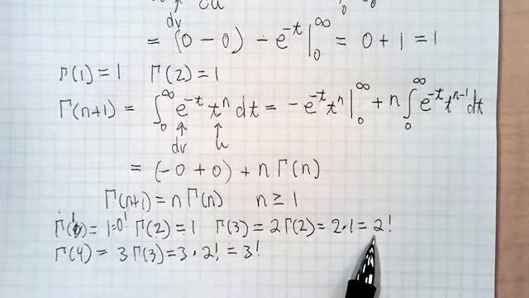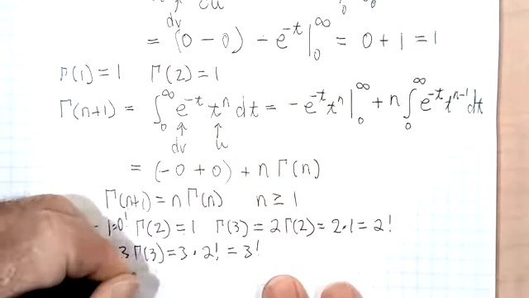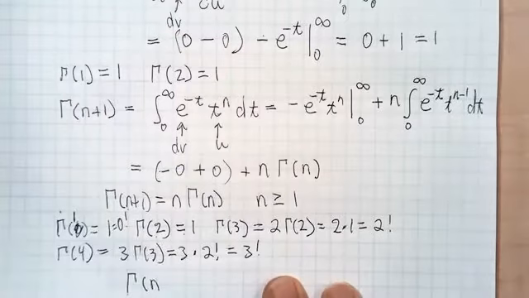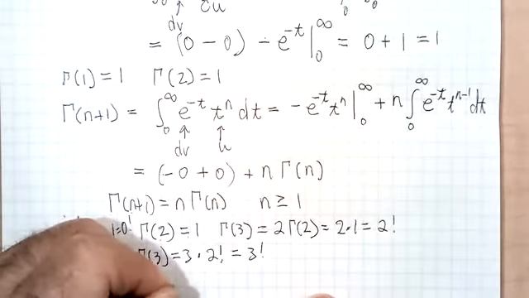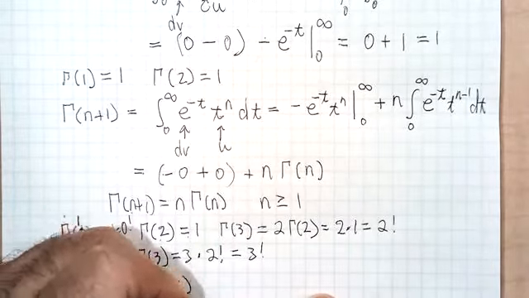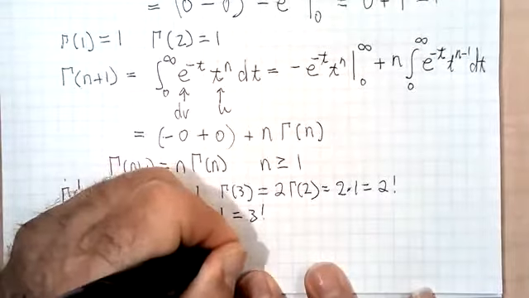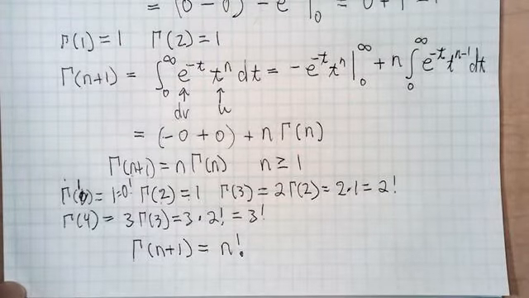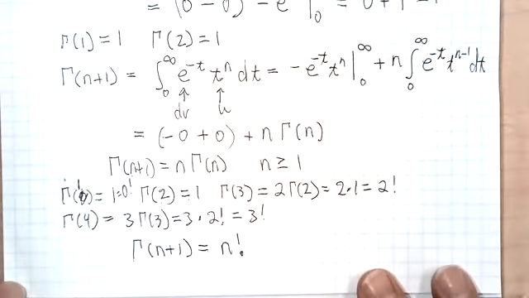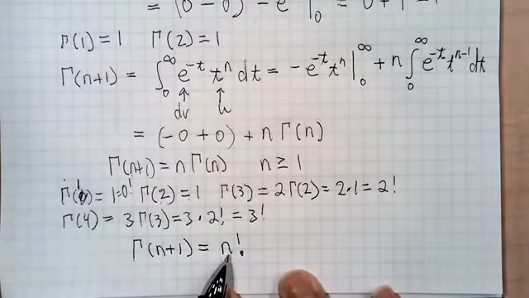Gamma of 3 is 2 factorial. Gamma of 4 is 3 factorial. In general, gamma of n, and now n does have to be an integer, a non-negative integer. Gamma of n plus 1 is n factorial.